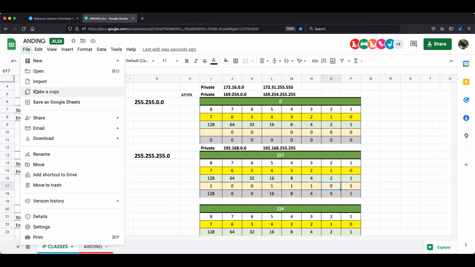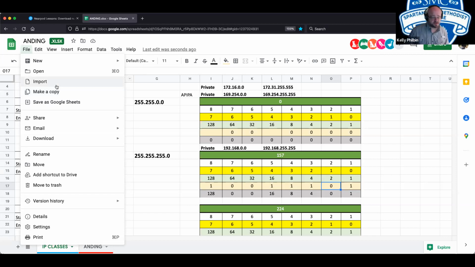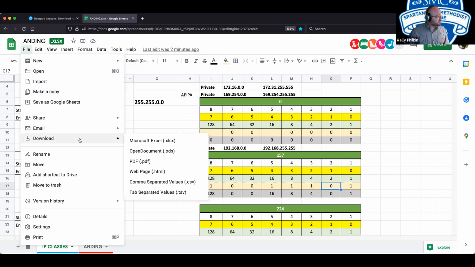Well, if you have a Google Drive, go ahead and save it to Google Drive. I don't know why it wouldn't let you save it to your computer, and then you can download it from Google Drive to your computer. Mine is giving me the option to download it when I click File. Yeah, there it is down here. You can download it, and it'll go right to your files.